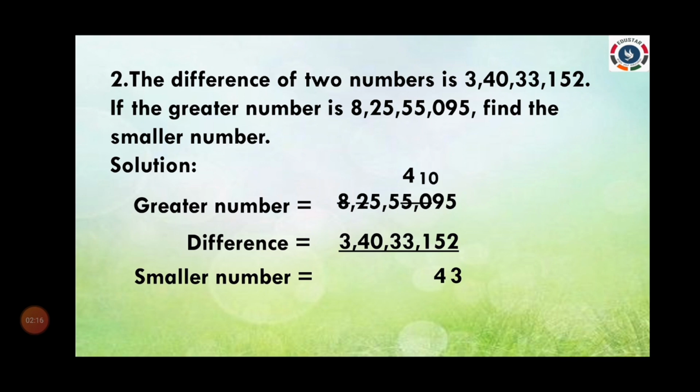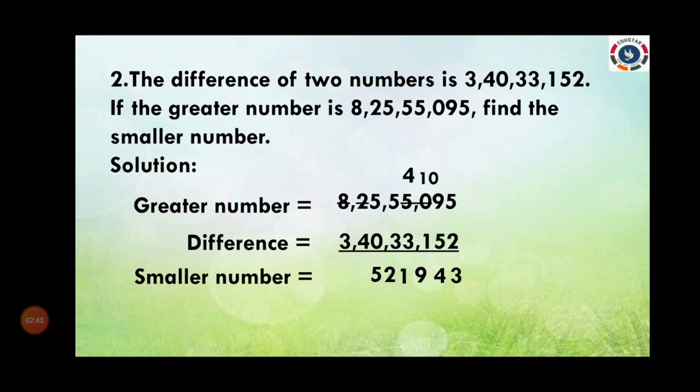Okay, so 10 minus 1, how much? As 9. Then 4 minus 3, how much? As 1. And 5 minus 3, can you subtract? Yes, you can. So 2. And 5 minus 0 as 5. Now 2 minus 4, no, we can't subtract it.